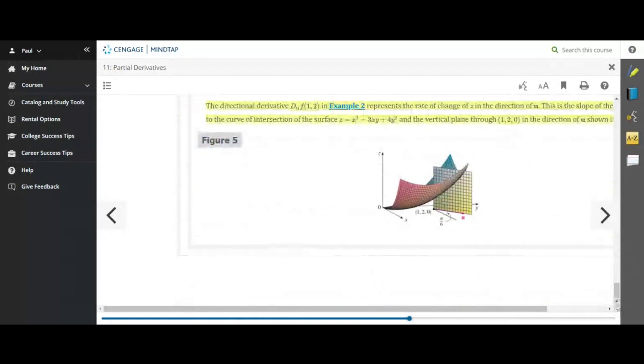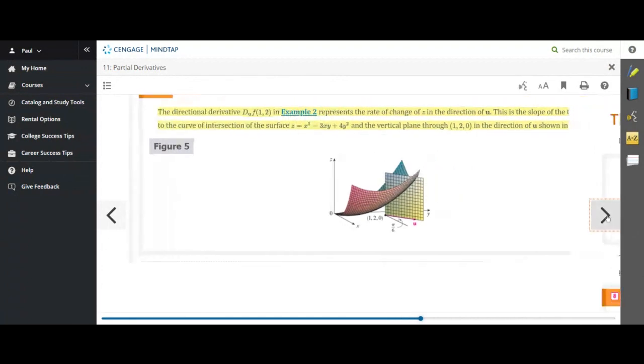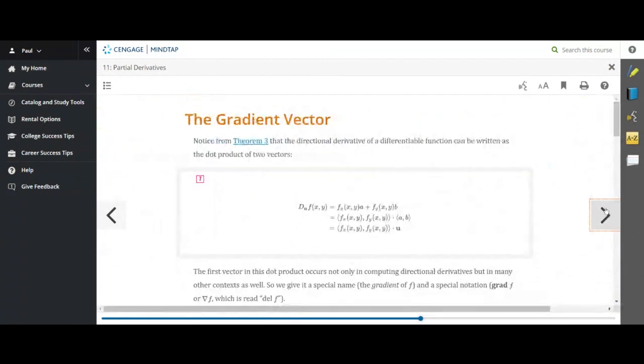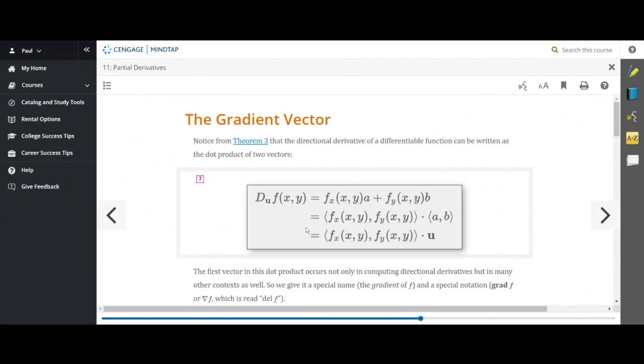I want to continue on with this. We'll look at a few examples. So the gradient vector, what is the gradient vector? Here is the definition of our directional derivative.